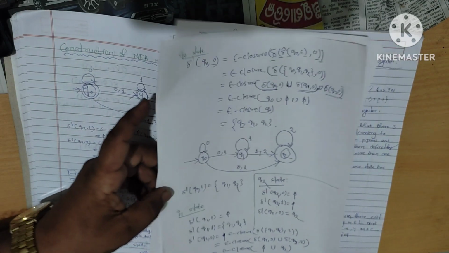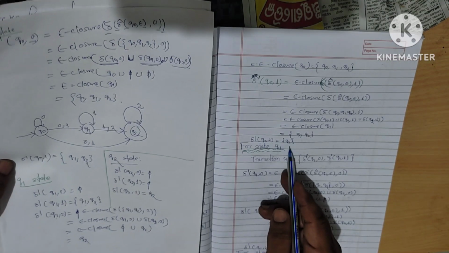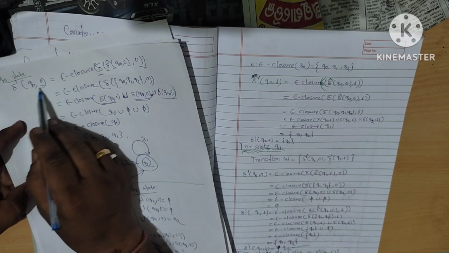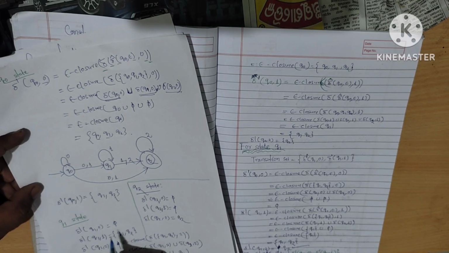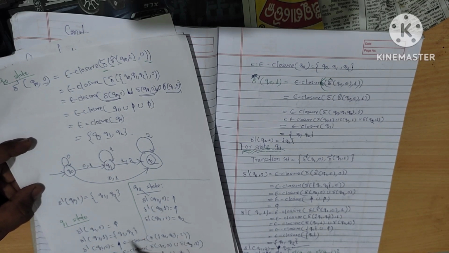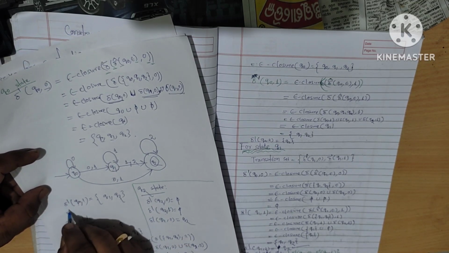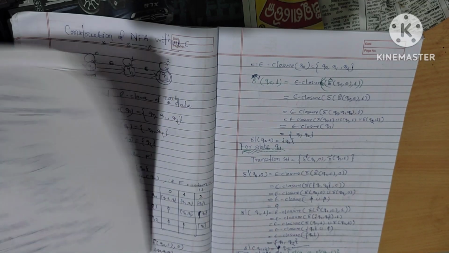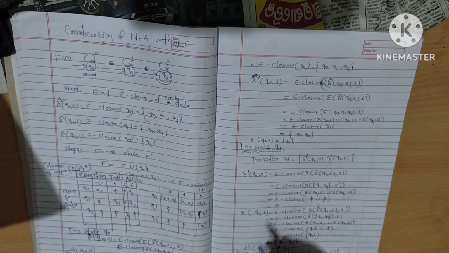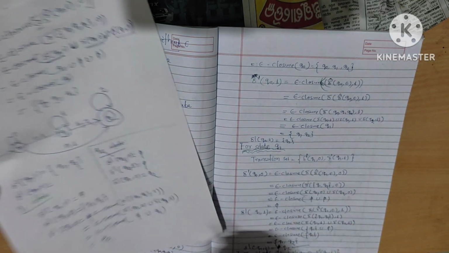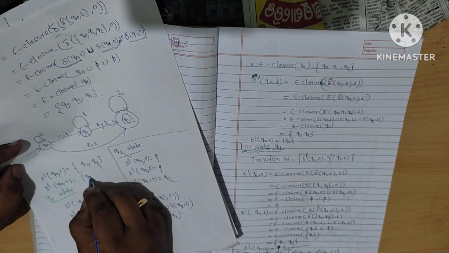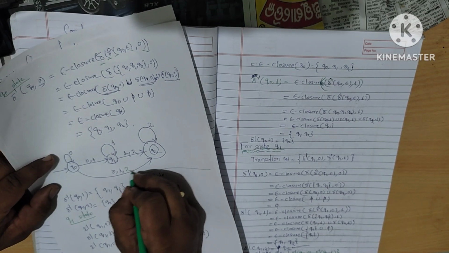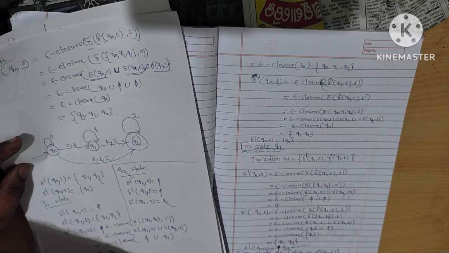Now put 2. Here one thing I am missing. You can see that q0 on input 2, I think I have missed one thing here. Q0 on input 2, you can see that it is going to the state q2. So that is the most here to be written on this part.